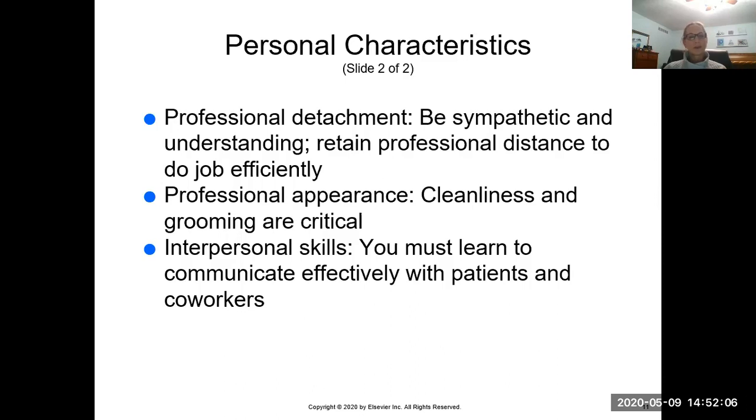With grooming, you don't want to wear a lot of makeup, dangly earrings, and lots of jewelry, and especially not strong perfume. A lot of people are actually allergic to that.